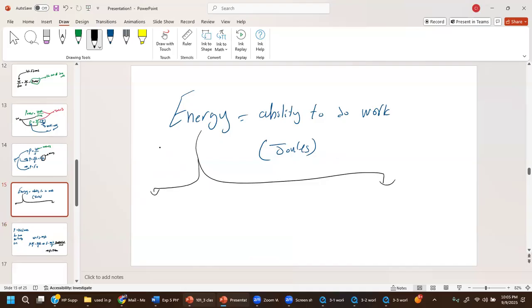The first one is called your kinetic energy, which we gave the letter KE. Now, your kinetic energy is the energy of movement. It's your moving energy, kinetic.